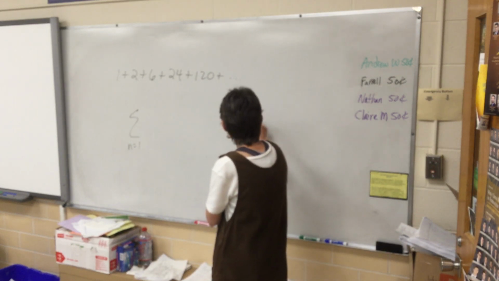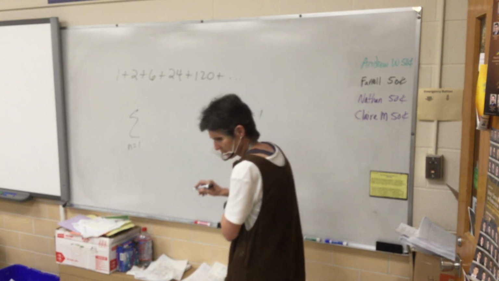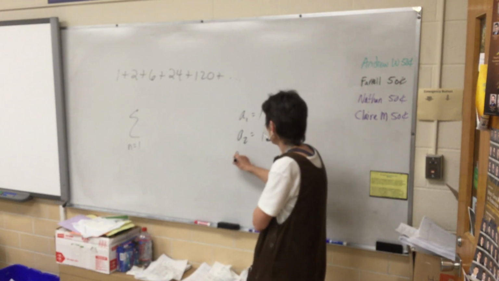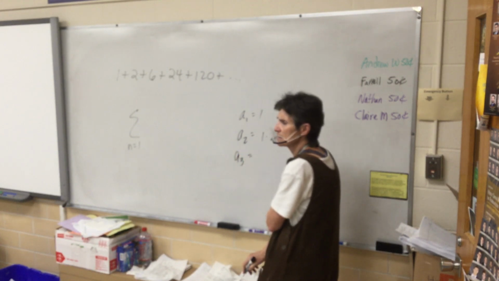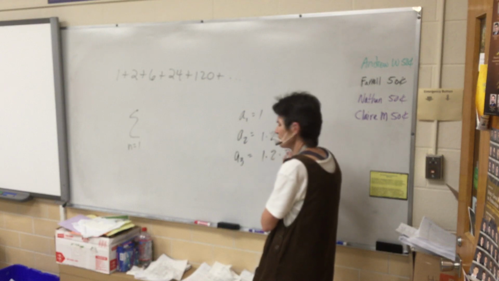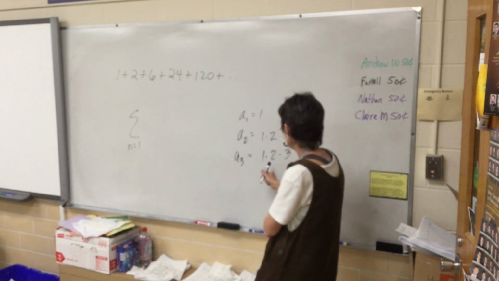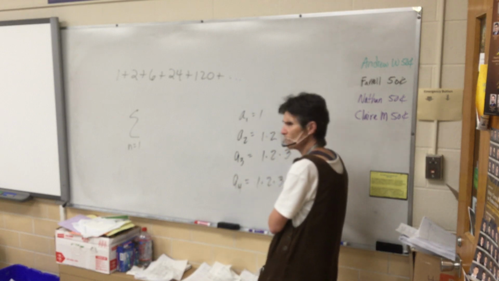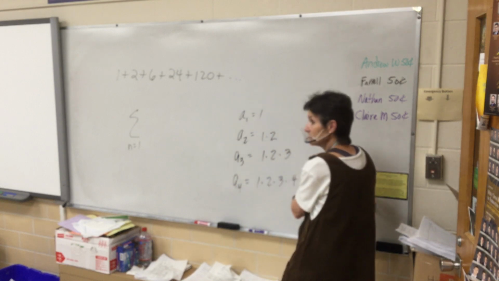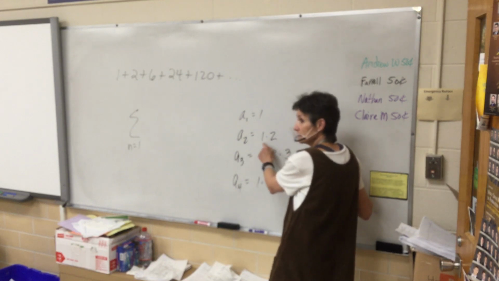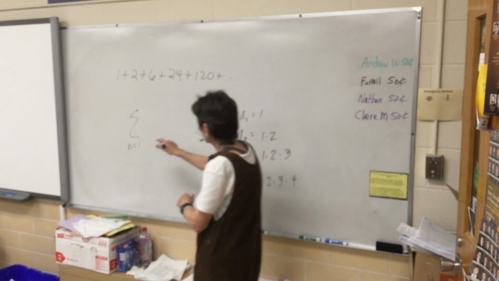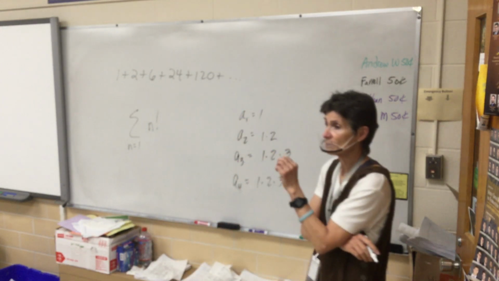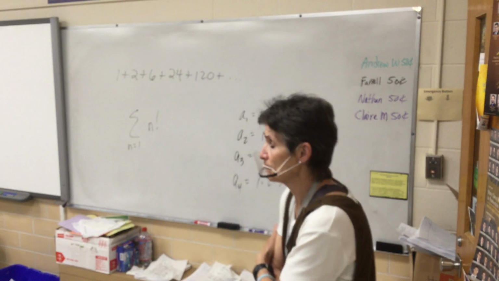The first term is 1. What's the second term? So 1 times 2 maybe? And then the third term is 1 times 2 times 3. And then the fourth term is 1 times 2 times 3 times 4. Yeah, don't we call that factorial? So we're summing in factorial. 1 factorial, 2 factorial, 3 factorial.